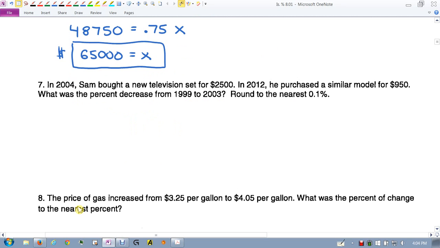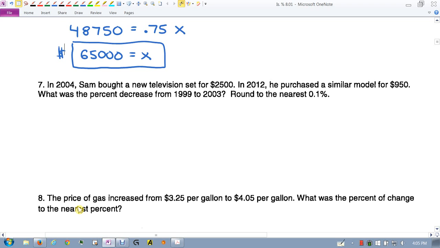All right, here's an increase-decrease problem. In 2004, Sam bought a new television for $2,500. In 2012, he purchased a similar model for $950. What is the percent decrease from 1999 to 2003? What? I have a bigger problem.